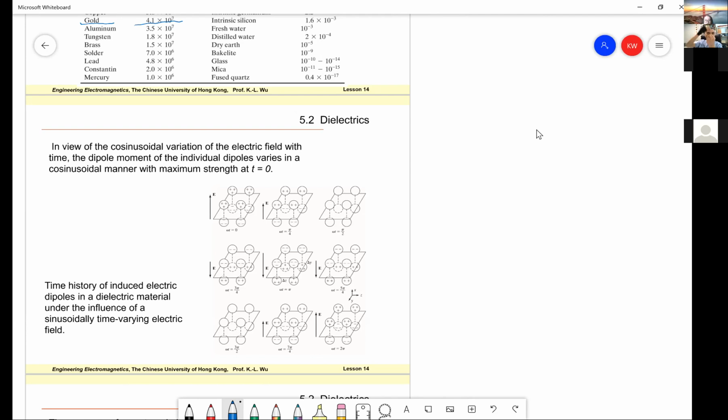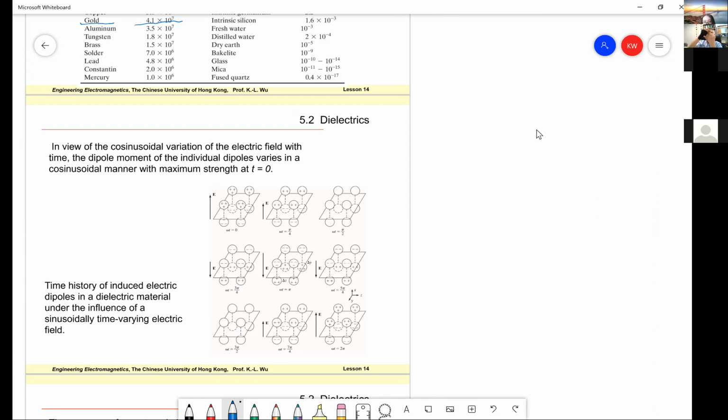So when we apply an electrical field, they move slightly. If the electrical field is in this direction, the electrons are attracted upward, move a little bit, and the positive nucleus moves slightly downward, but they are still bonded together.